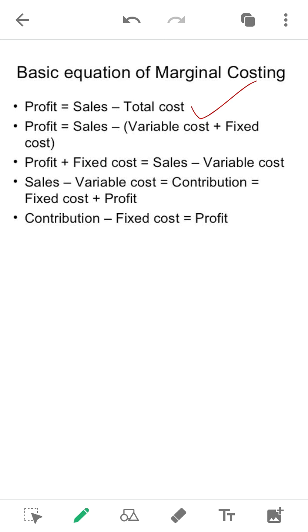Profit is equal to sales minus variable cost minus fixed cost, and profit plus fixed cost is equal to sales minus variable cost. Sales minus variable cost is equal to contribution is equal to fixed cost plus profit. Contribution minus fixed cost is equal to profit. And you can make many other rules by following this.